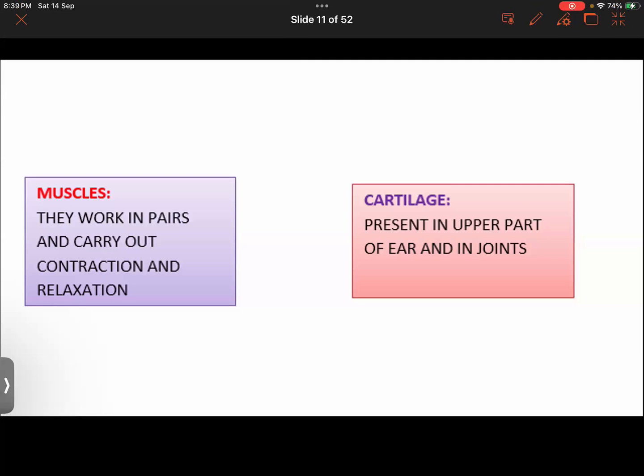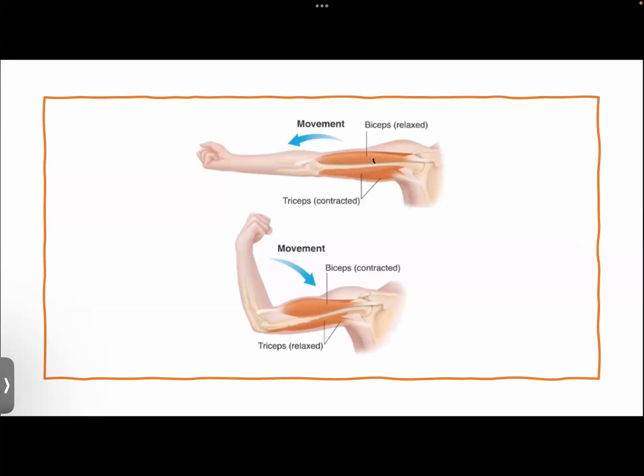Okay. Also, furthermore, what we know about the functioning of the cartilage and the muscles now, like muscles will always be working in pairs and they will carry out contraction and relaxation. Meaning that when we look at the muscles, for example, here, look at these two muscles. The one is bicep and the another one is triceps.